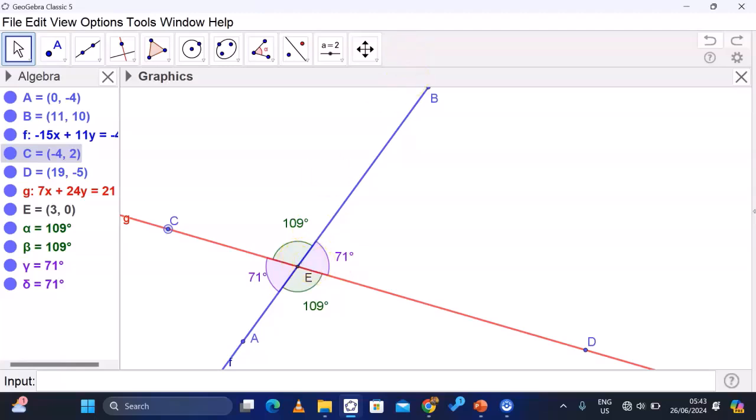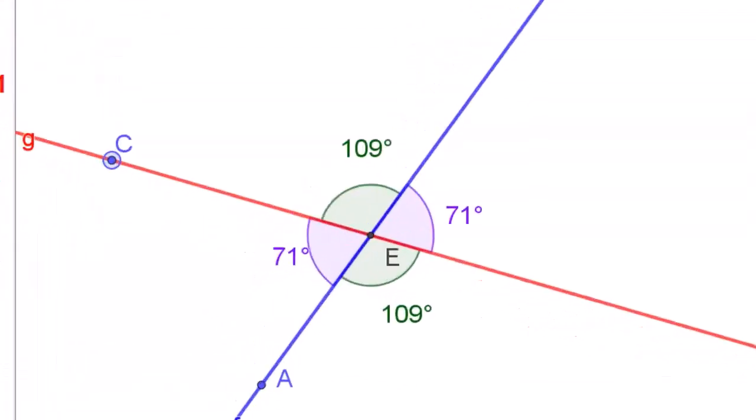And you can also see another unique thing here, that the two angles add up to 180. So look at the straight line, the red line. If you look at the red line, angle 109 and angle 71, because they lie on the straight line, you add the two values to get 180.